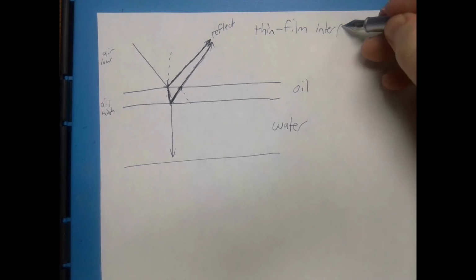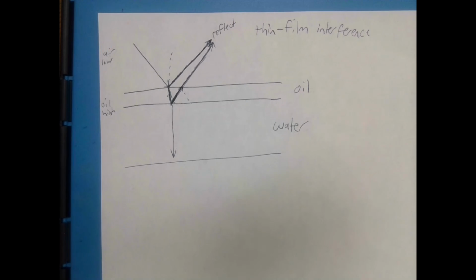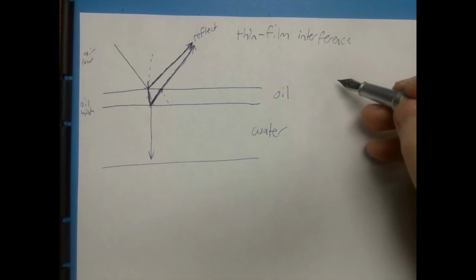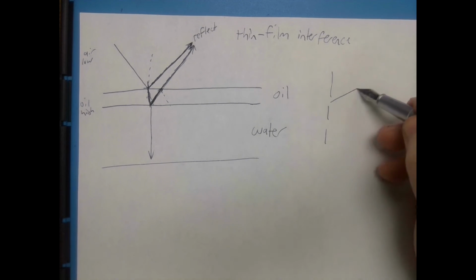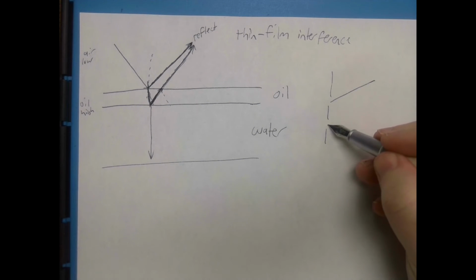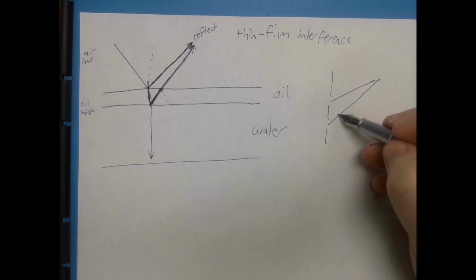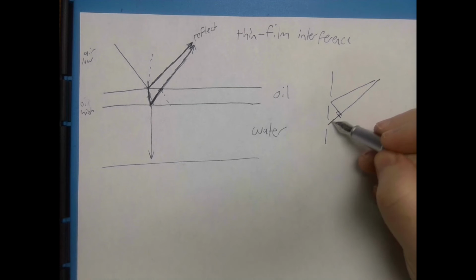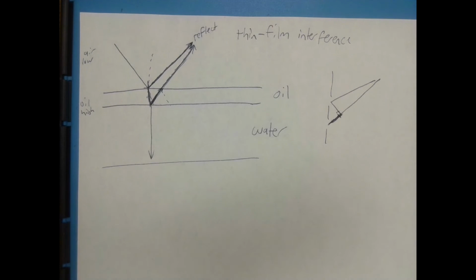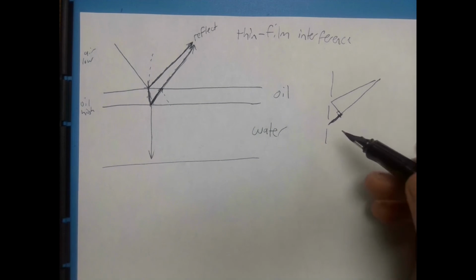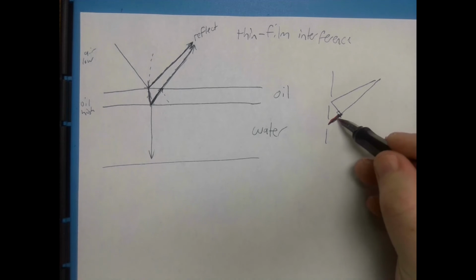Remember double slit? In double slit, we have it taking this path, and then it's taking this path, and drawing this right angle off of it, we have this extra amount, right? So this is the extra amount.